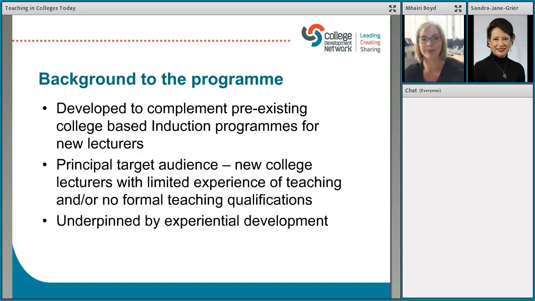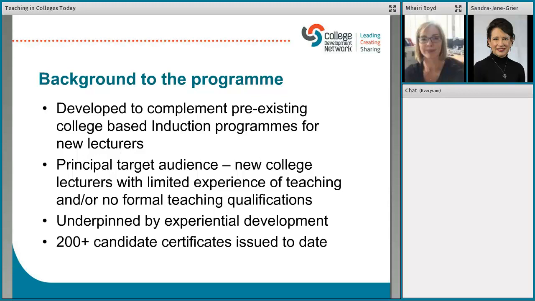So a little bit more now about the background to the TiCT programme. We recognise that at times there can be delays in getting new lecturers registered and enrolled in staff development programmes, such as the PDAs and also the TQFE programmes, especially when they come into the sector and if they're working in part-time contracts.